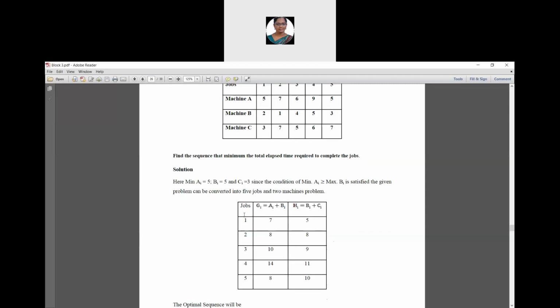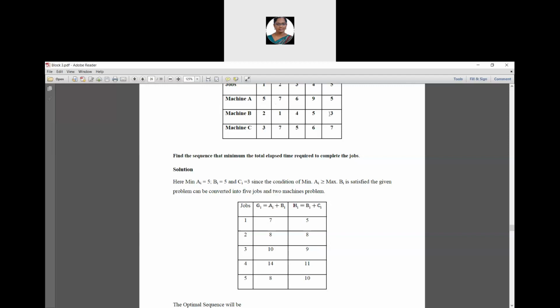the first column denotes the job values, that is 1, 2, 3, 4, and 5, and the second column denotes G. G is calculated by adding the first machine and the second machine processing time values. So 5 plus 2 is 7, 7 plus 1 is 8, 6 plus 4 is 10, 9 plus 5 is 14, and 5 plus 3 is 8.